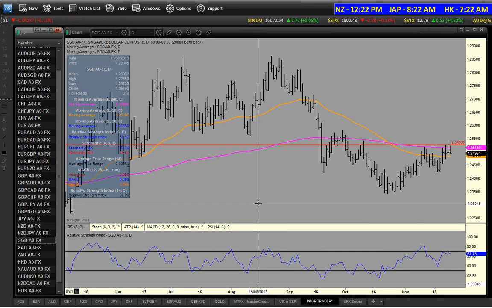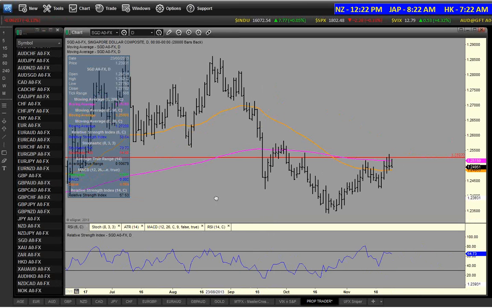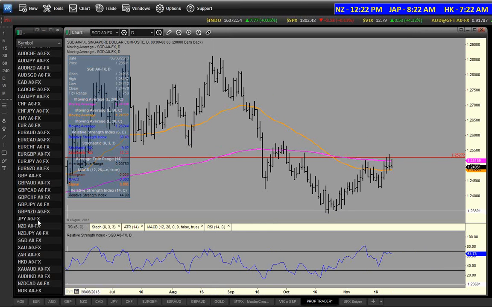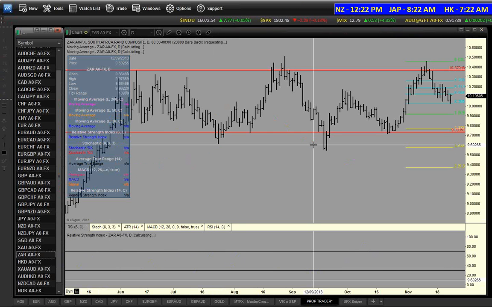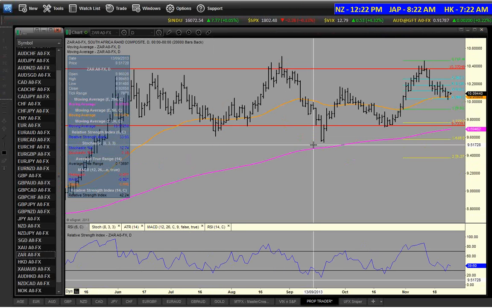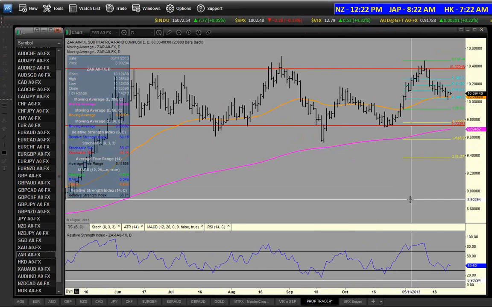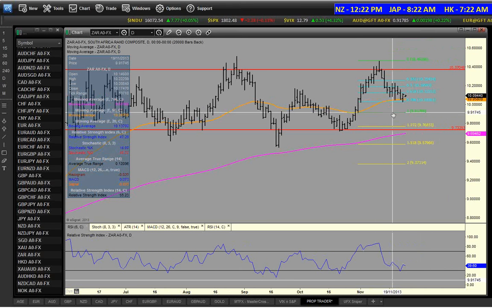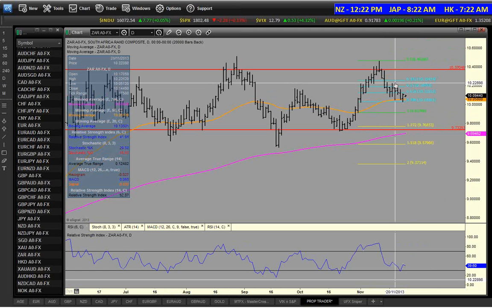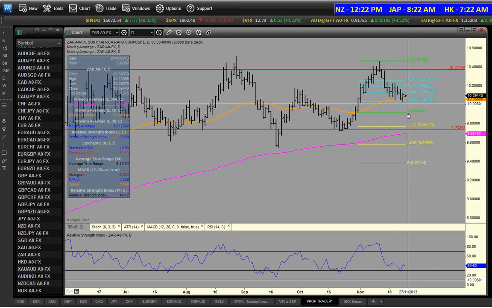It's not sure which way it wants to go, and so neither am I. Rand. I know this is meant to be a range trade. Well, if it is a range trade, you should be at least at break even.